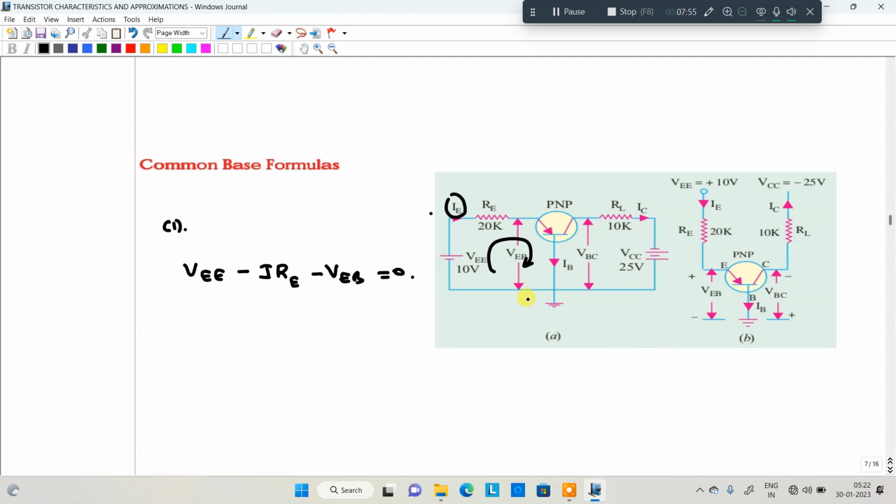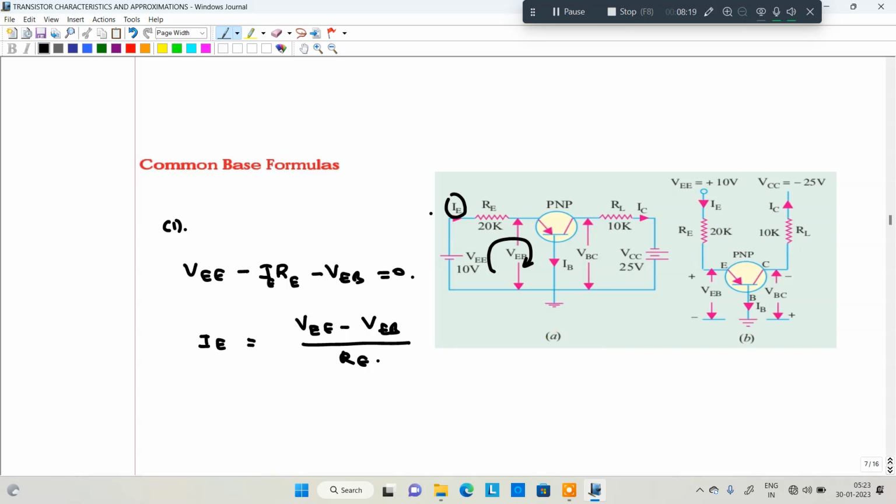From that, how to find out IE, that is emitter current, IE is equal to VEE minus VEB divided by RE. This is a formula for emitter current. Clear? From this particular circuit only, I gave that formula.